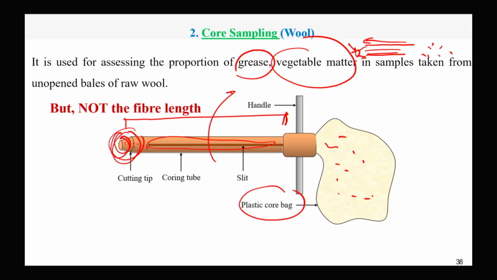Why is it plastic? Because it should be airtight. If we want to test the moisture content, the fibers should retain the moisture present in the bale. After several coring penetrations and repeated tilting, sufficient fibers are collected.